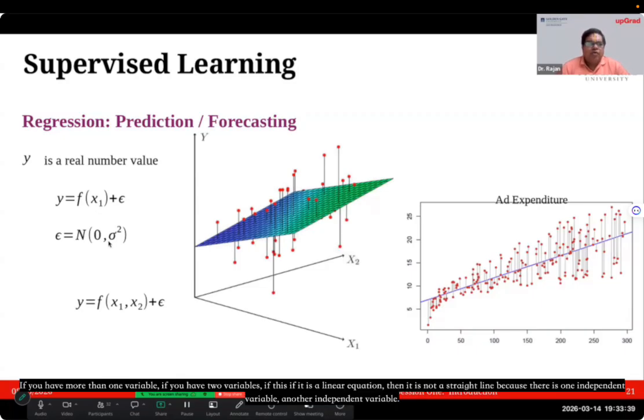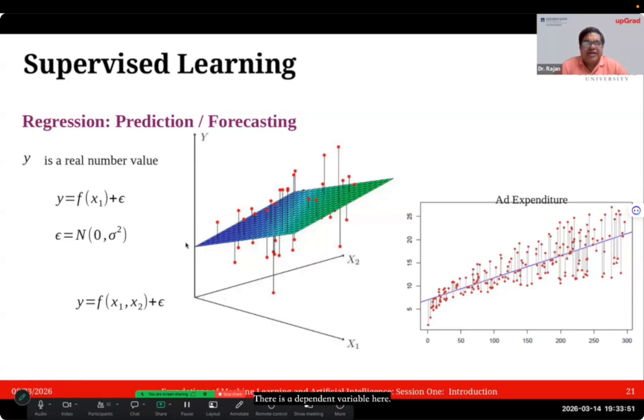If you have two independent variables, it's not a straight line, because there is one independent variable, another independent variable, and a dependent variable. So we are now in a three-dimensional space. In a three-dimensional space, a linear relationship is nothing but a plane.